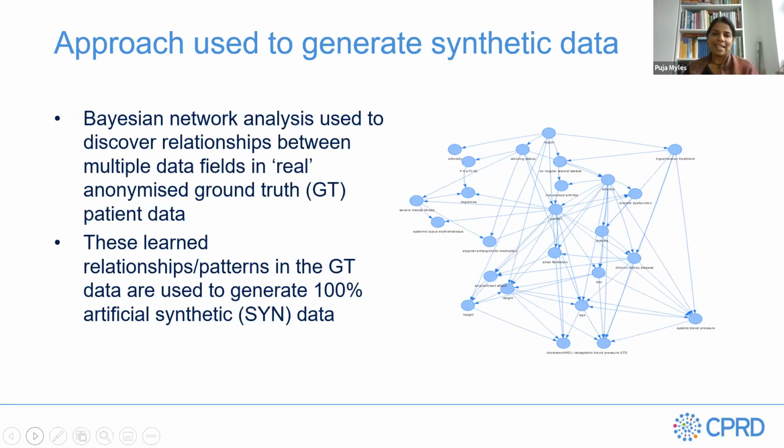And it is this network that is then the input in the synthetic data generation process. So this is not perturbation of individual level data, where we randomly perturb the data or just randomly add some numbers to the age, etc. It's completely artificial. Next slide, please.